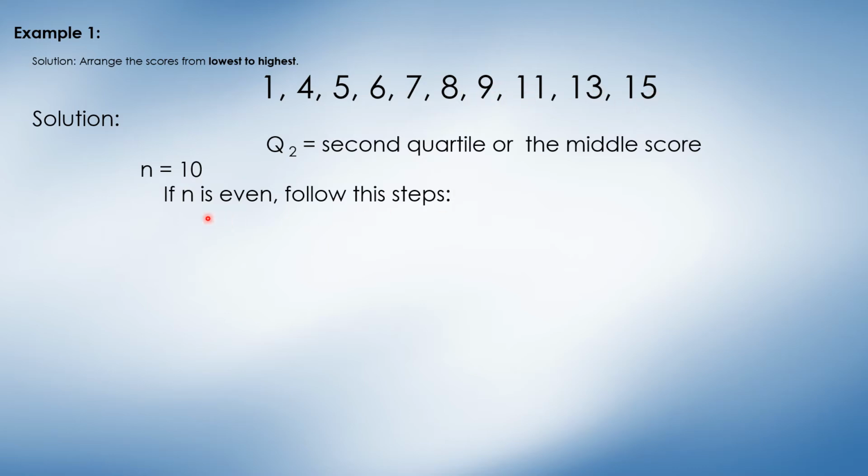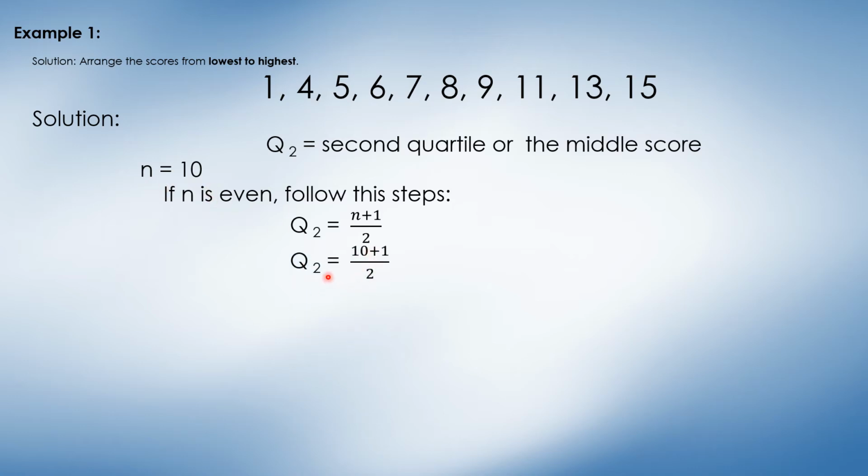We all know that 10 is an even number. If the value of n is an even number, we follow these steps. The second quartile is equal to n plus 1 over 2. We use this formula because the value of n is an even number.